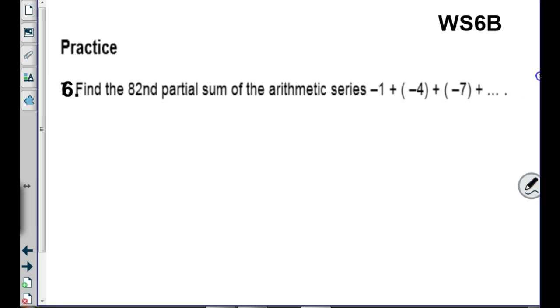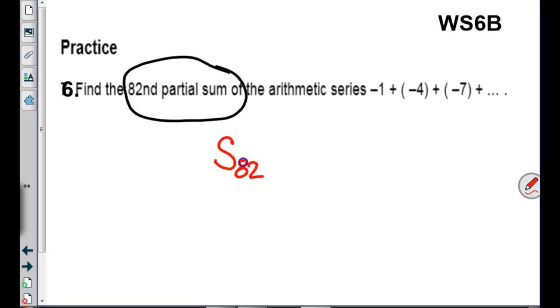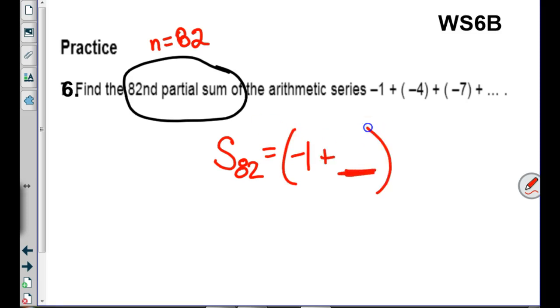Okay, find the 82nd partial sum. So what do I want here? Sum of the first. Okay, but what does this mean? Sum of the first how many terms? 82. So n is going to be 82, right? But I know the first term is negative 1. I'm missing that 82nd term. So how are we going to find it?